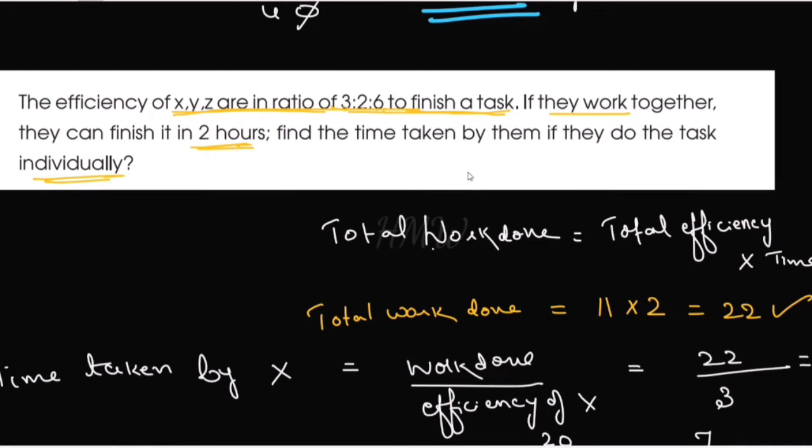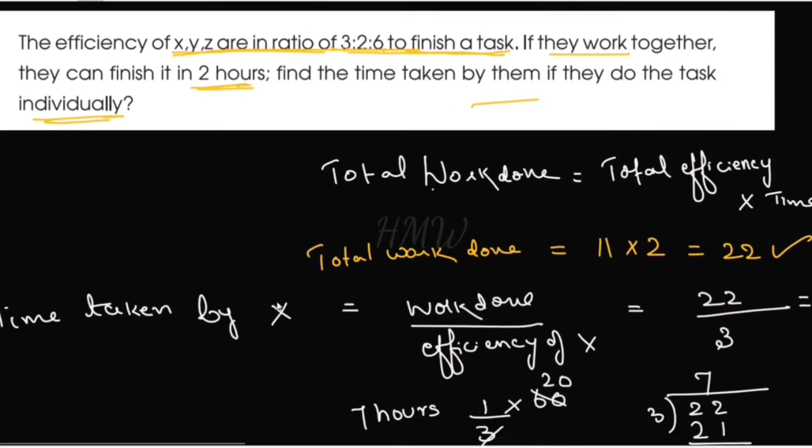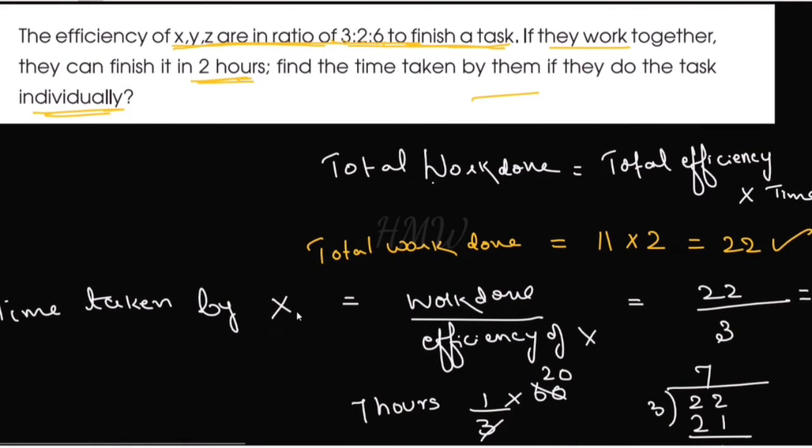So what is the time taken by X? If the efficiency is given, the time taken by X is the work done divided by the efficiency of X. This is not total efficiency now, it is the efficiency of X. So total work 22 divided by the efficiency of X, 3.